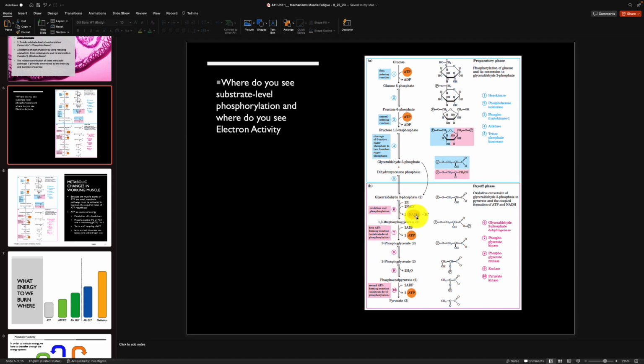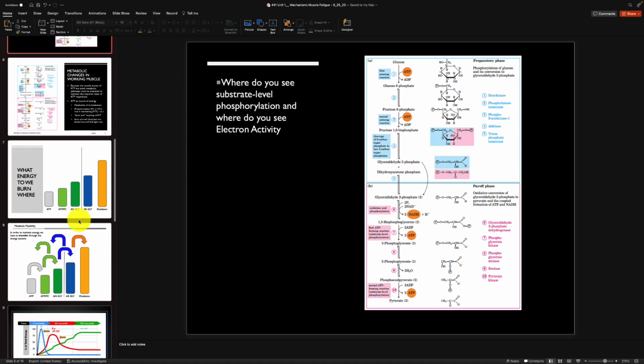This energy is not going to be able to be used in glycolysis like this one because it has to go to the mitochondria. So it's going to take a bit of time to get there and to create energy, but the potential energy is being created in glycolysis, and then it will be used in the mitochondria.